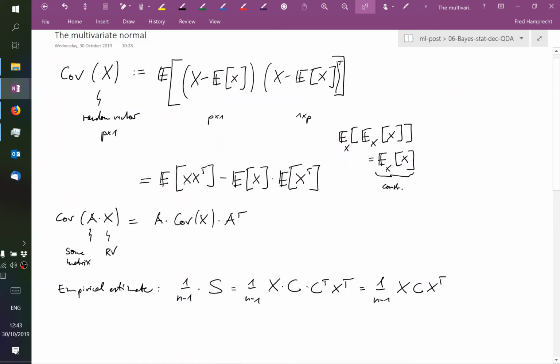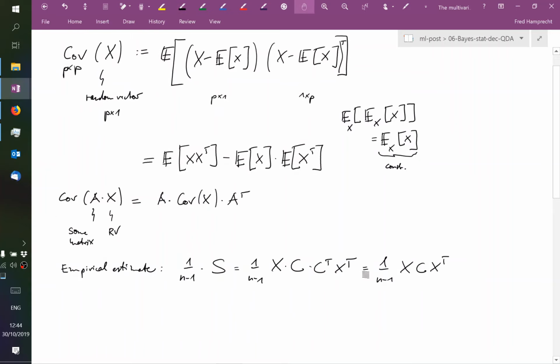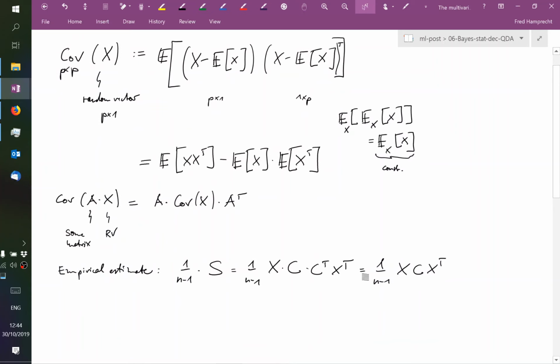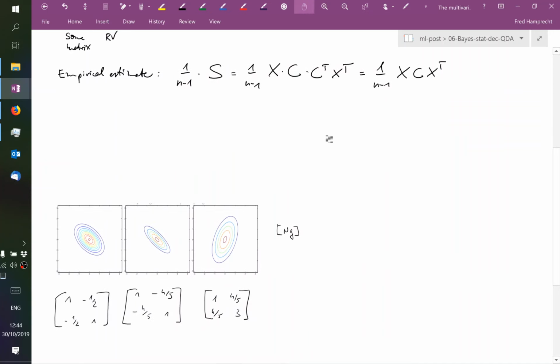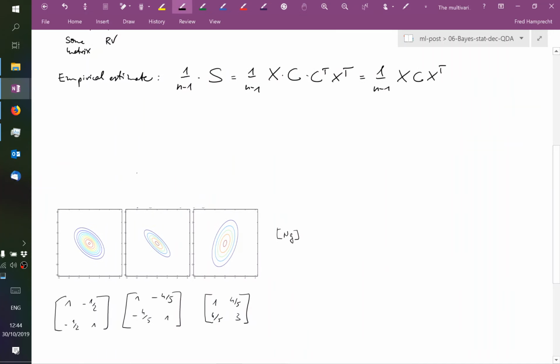And it has in its diagonal the variance, so the spread along the different dimensions, and it has in the off-diagonal the covariance, which tells us how much linear association is between random variables along different dimensions.